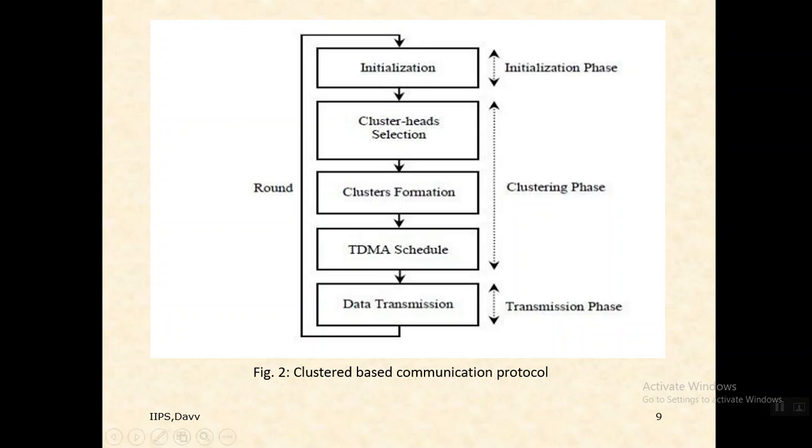Two factors are considered very important here, which are the number of nodes and the position of the cluster head. The clustering phase will start with cluster head selection and then the cluster formation. Due to more and more cluster formation, there could be intra-cluster collision, and to reduce it, TDMA schedule is used.